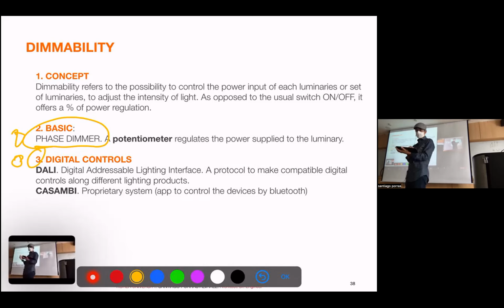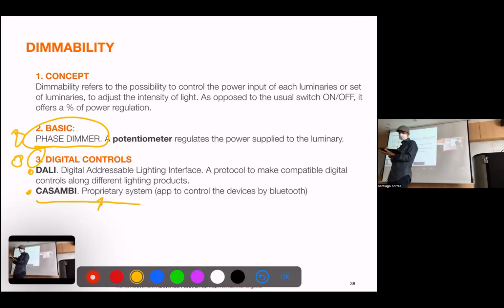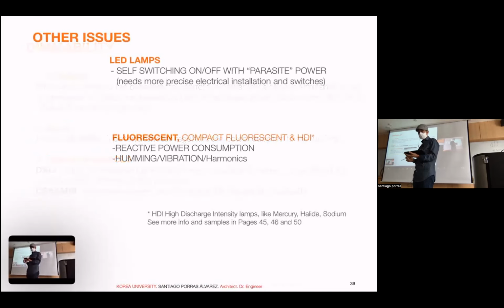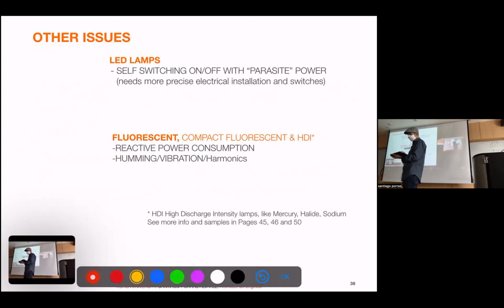Interesting, however, there are two standards, DALI and Casambi. Casambi is one maker. DALI is a more open protocol. And then you can have apps, Bluetooth connection, and many ways of controlling light, which we will not go into in detail, right?